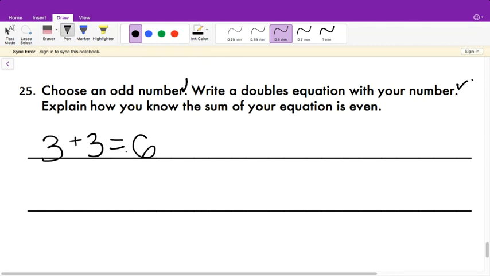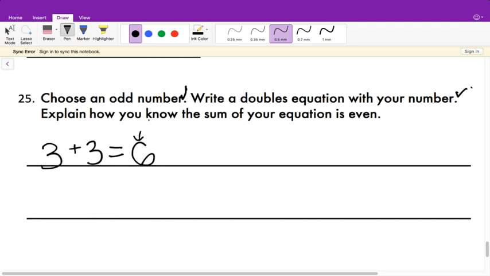Now, explain how you know the sum of your equation is even. As you remember, the total is called the sum in an addition equation. So my sum here is 6. I need to explain how do I know that 6 is an even number.